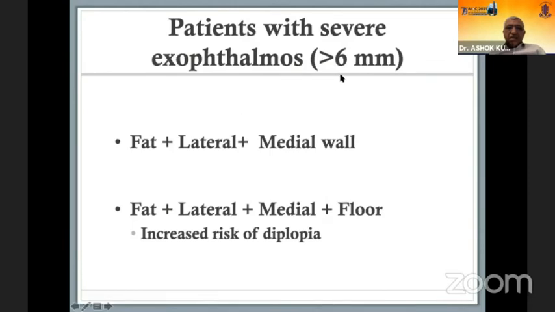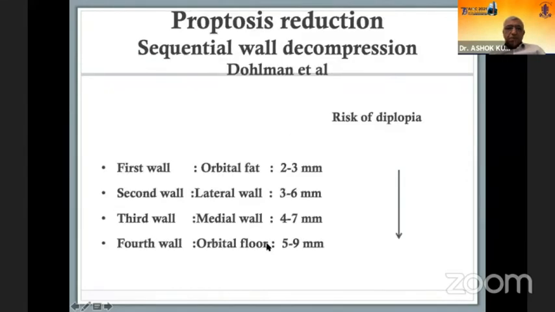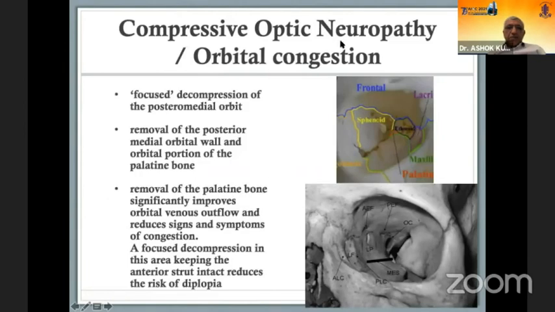With even severer disease, you may need to combine it with a medial wall and a floor decompression. And you can have a graded response based on the amount of proptosis that is present. In compressive optic neuropathy, you need to be more focused at treating the apical regions, including the posterior part of the ethmoids and the palatine bone.